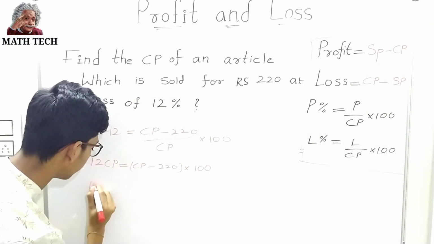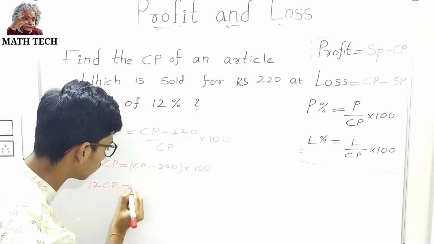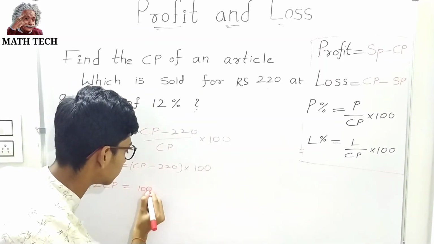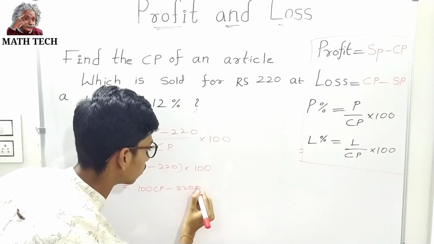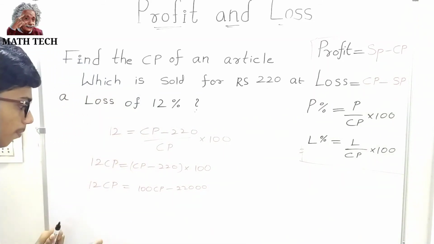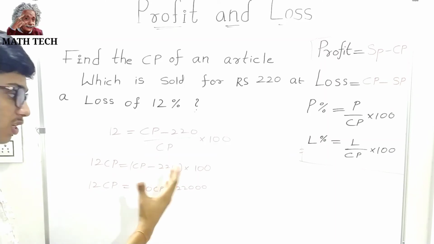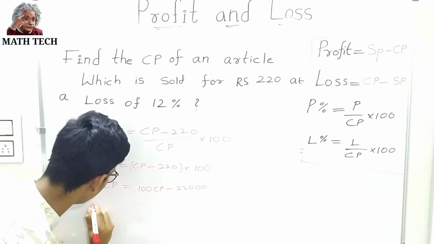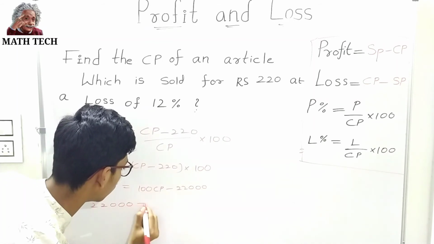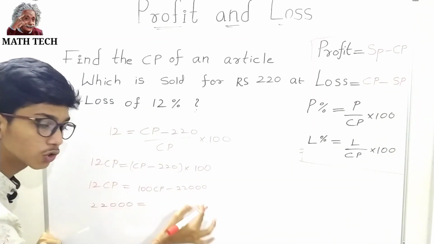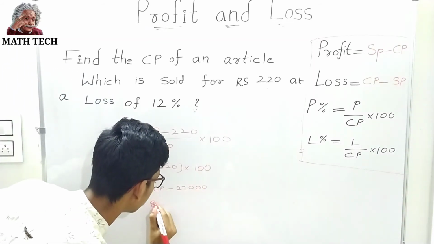Then the equation becomes 12 CP is equal to 100 CP minus 22,000. So bring the CPs to one side and the values to one side, that is 22,000 is equal to 100 CP minus 12 CP, which is 88 CP.